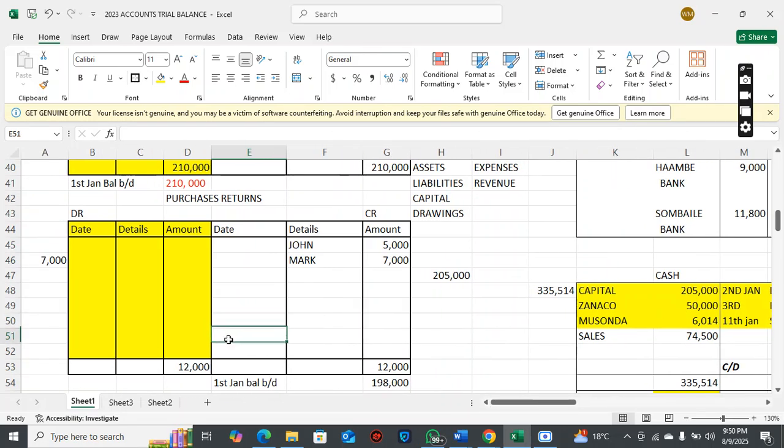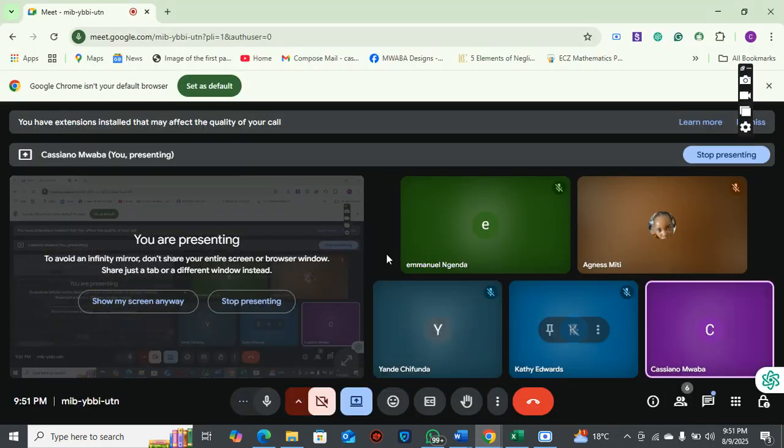So to reset this account to zero, on the debit side, you debit the statement of profit or loss, and you put the amount here, 12,000, so that you reset this account back to zero. Any questions? So with temporal accounts, no balance is brought down, but with permanent accounts, they'll have a balance brought down.